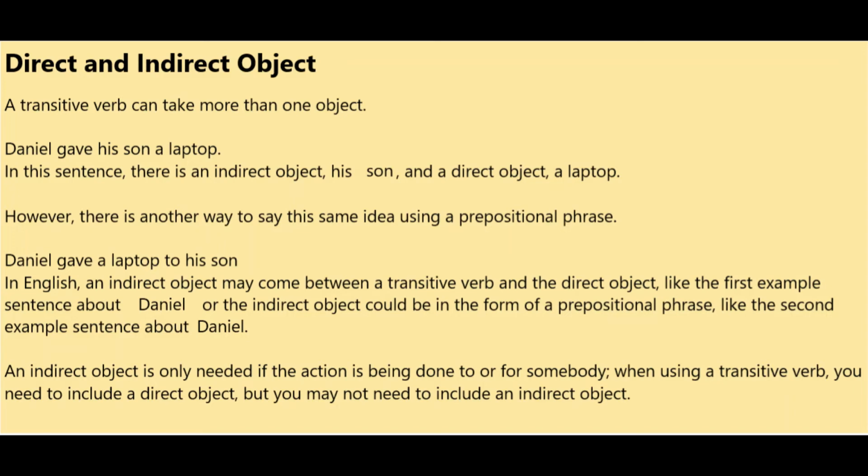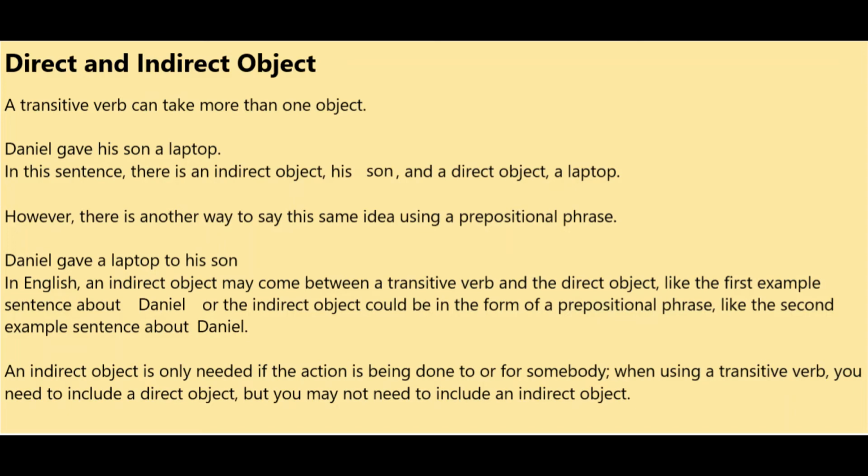In English, an indirect object may come between a transitive verb and a direct object, like the first example about Daniel, or the indirect object could be in the form of a prepositional phrase, like in the second sentence, where you can change that sentence by using a preposition.